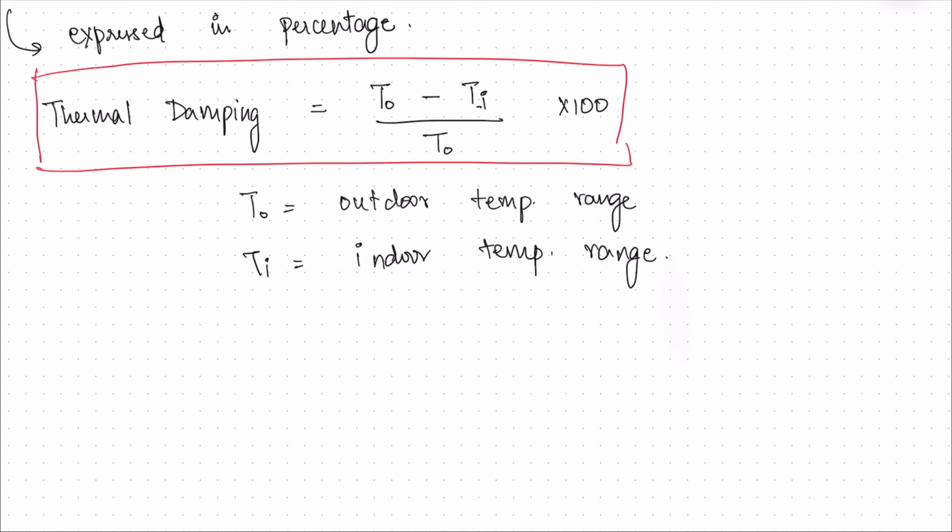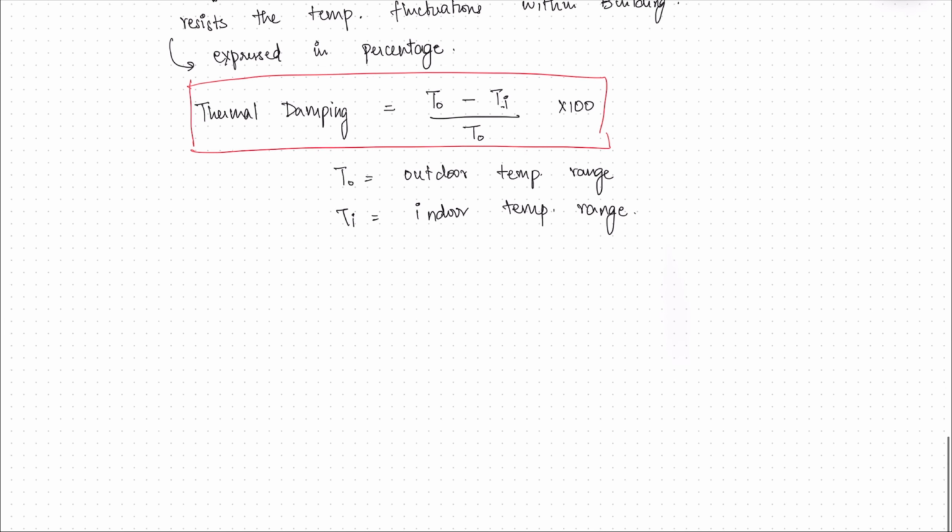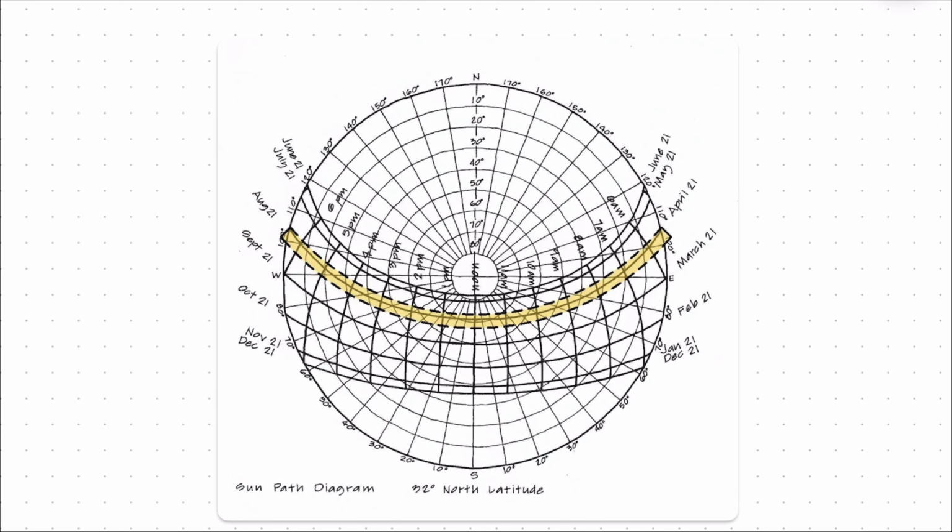Now let's talk about the sunpath diagram. All these concentric circles, each concentric circle, they represent your altitude angle. So what is altitude angle?